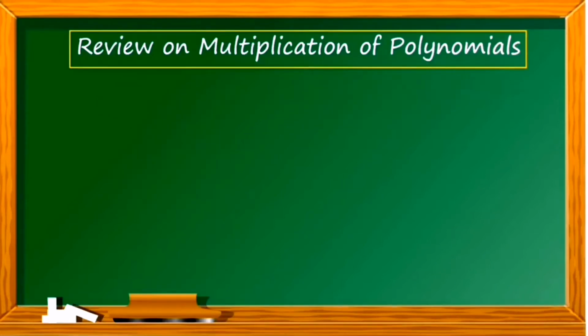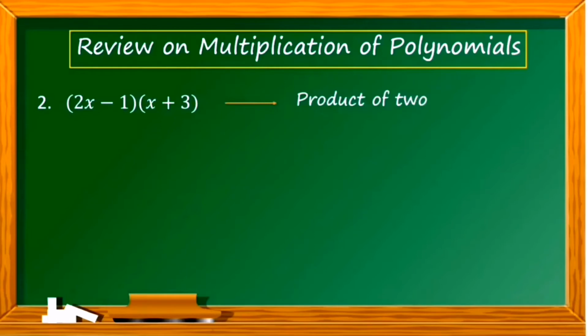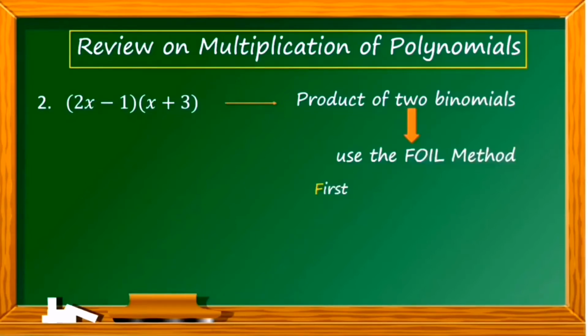Next, let's find out the product of the two binomials, 2x minus 1 and x plus 3. Do you remember the FOIL method? Yes, we need to use the FOIL method to find the product of the two binomials. In the FOIL method, F stands for the first terms, and that is 2x times x.